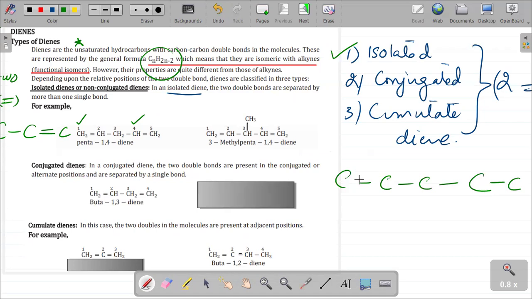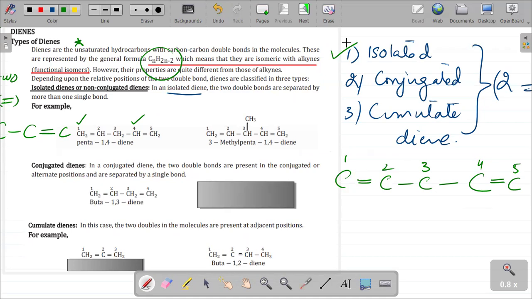For example, a double bond is present at carbon number one. Between it and the next double bond, there is a gap of multiple single bonds. The next double bond is present at carbon number four. So this is carbon number two, carbon number three, carbon number four, and carbon number five. So another double bond is present at carbon number four.